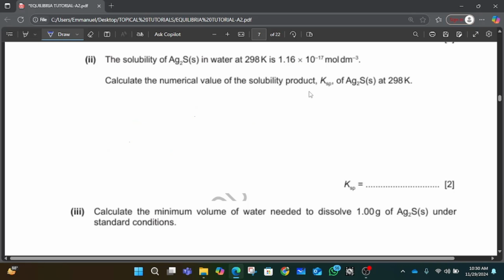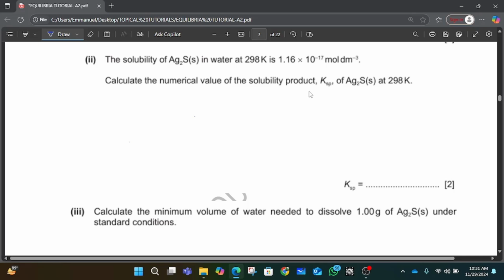II. The solubility of Ag2S solid in water at 298 Kelvin is 1.16 times 10 power minus 17 mole per decimeter cube. Calculate the numerical value of the solubility product Ksp of Ag2S solid at 298 Kelvin.